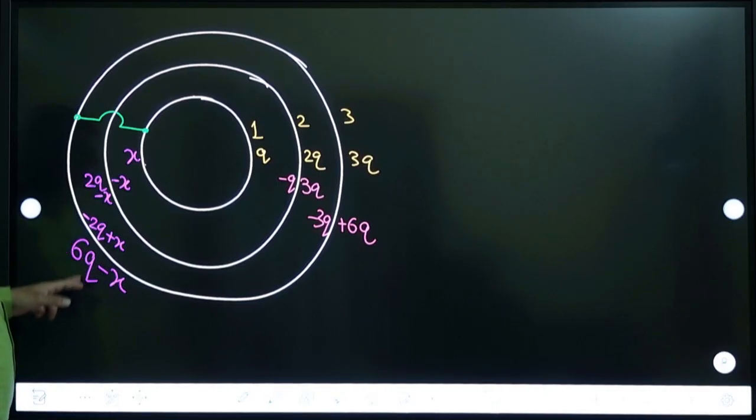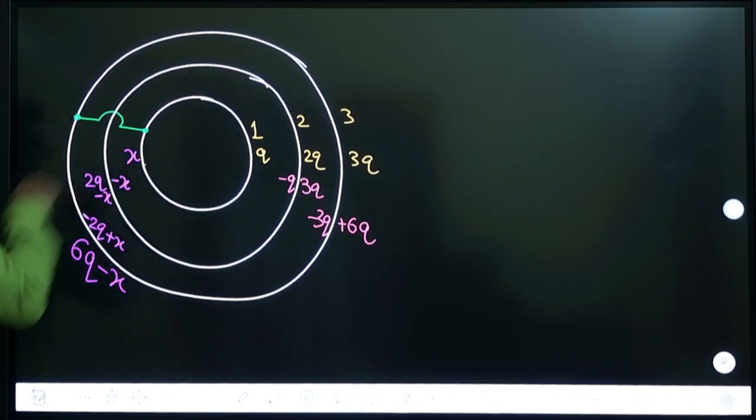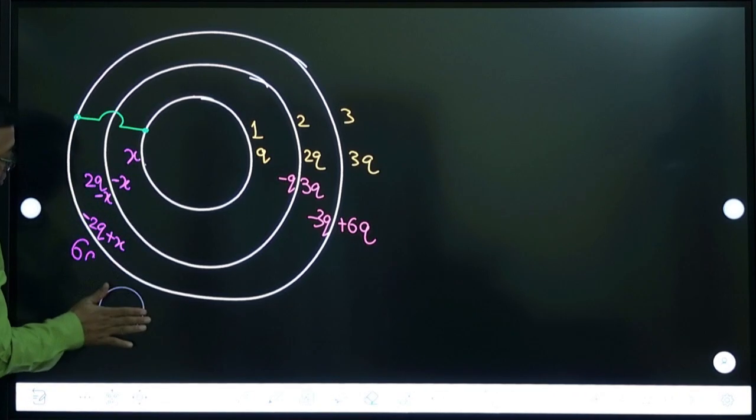But here sum is giving 4q, but there is also x. What should we do here now? Think about it. We should also cancel about this one. So we should also put minus 2x.